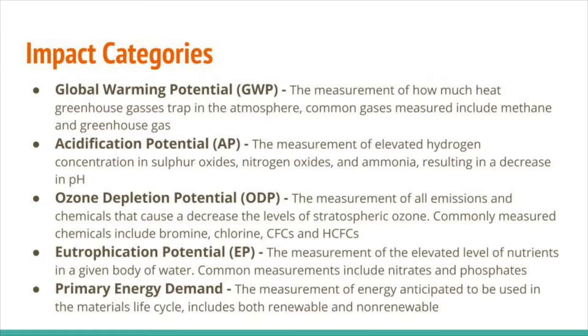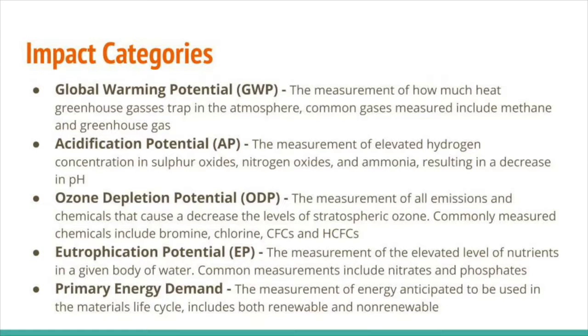Another one, acidification potential, is the measurement of elevated hydrogen concentration from sulfur oxide, nitrogen oxide, and those kinds of gases. Ozone depletion potential, ODP, is the measurement of emissions and chemicals that deplete the ozone.